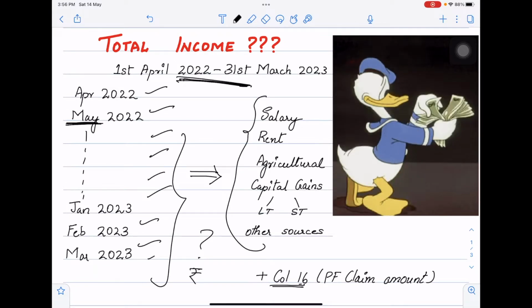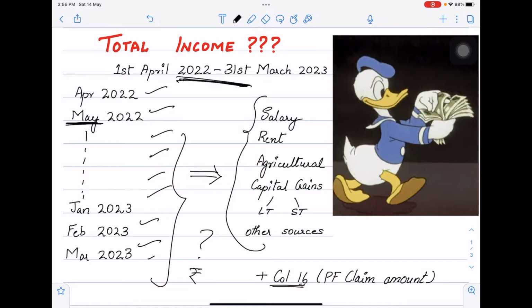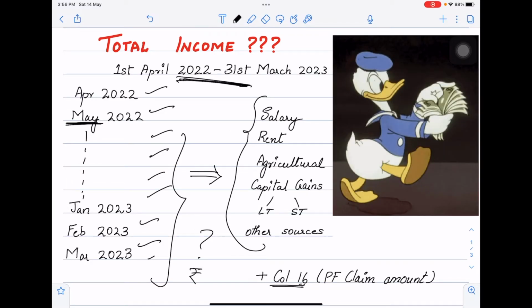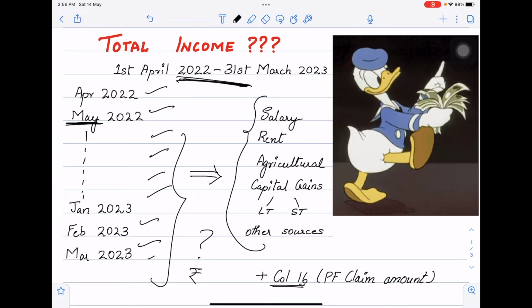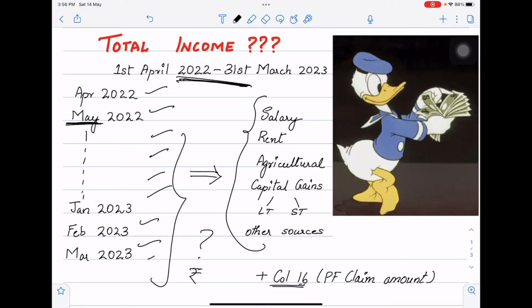Now, I often get questions in the comment box: I have left my job, what should I put as a salary? Now, here you have to guess. So let's say that you were receiving a particular amount of salary XYZ. My advice to you would be, let's assume that you are expecting to get a job in the next 3 months, 6 months. So compute your salary accordingly.